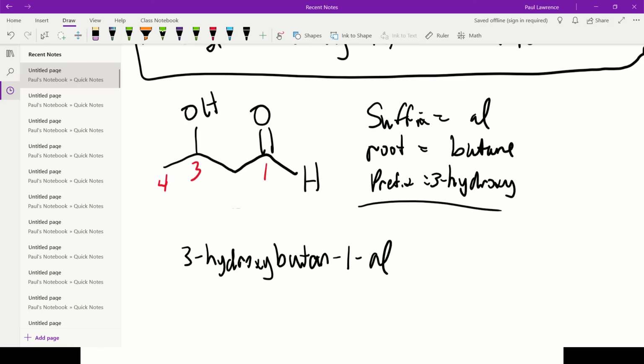If the aldehyde is the highest priority in the molecule, we know it's going to be on the end, and the highest priority carbons get number 1. So it's just redundant. This suffix right here tells us we have an aldehyde, and we already know the aldehyde's going to be on carbon 1. So we don't need to show the number or the location.